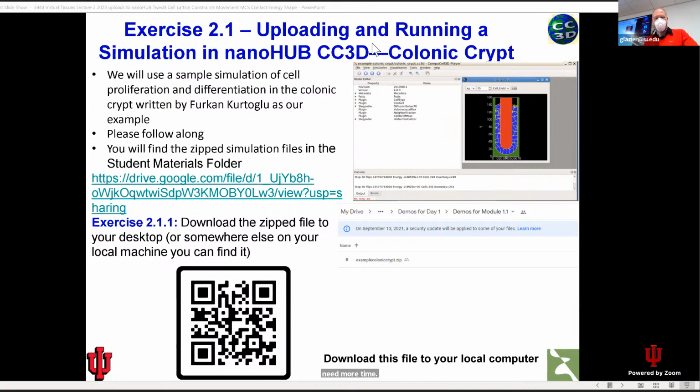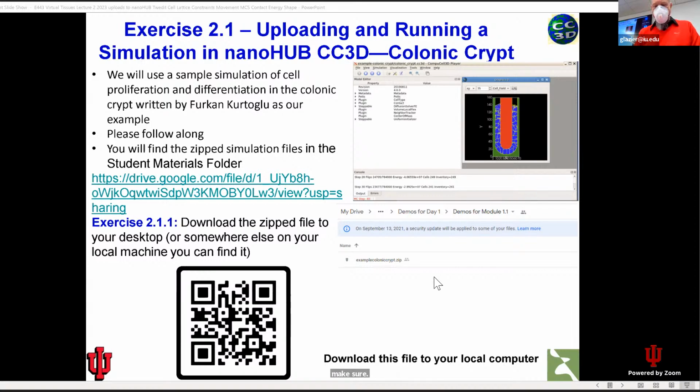Okay, everybody seems to have it. I realize that one of the issues with the poll when you're using Zoom is that the poll will always come to the front of your screen, which can be a little bit annoying. So I'll try to not use them all the time, but I want to make sure that people know. So everybody has that downloaded.